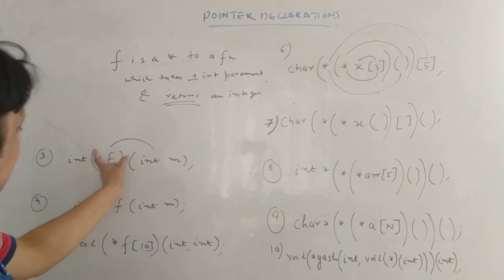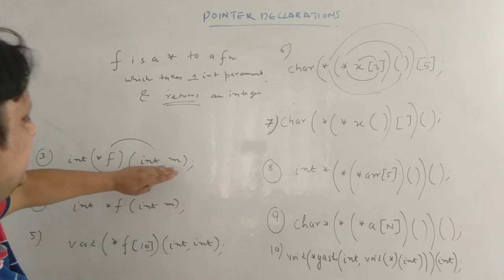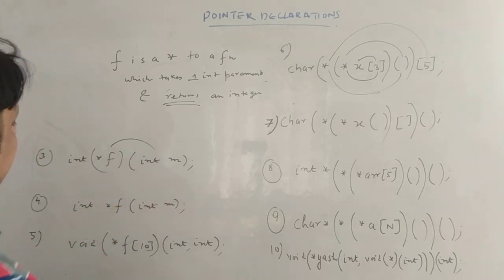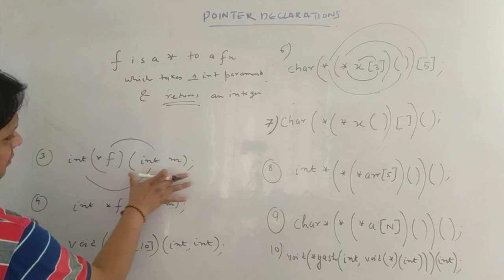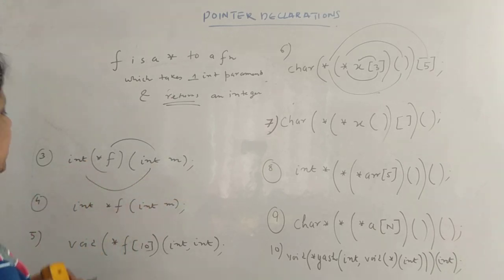So f is a pointer to a function which takes one int parameter and returns an integer. f is a pointer to a function returning integer, right?